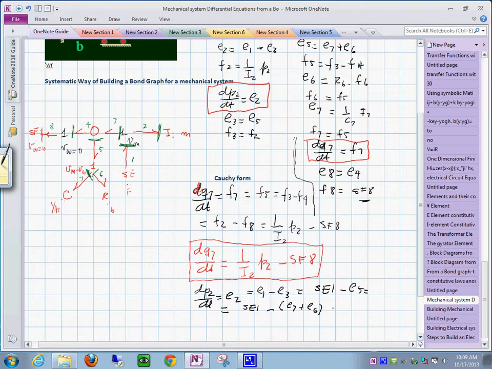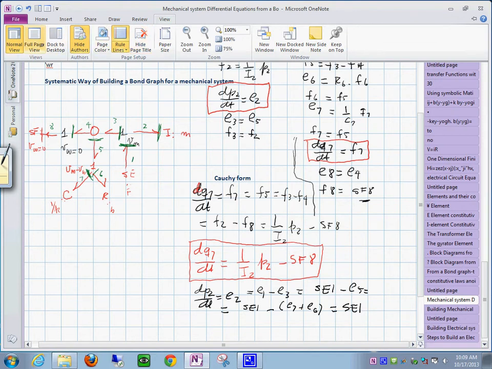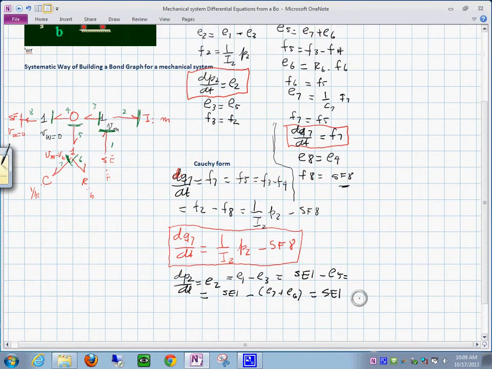Be careful with the algebra here. You need to keep the signs straight. So this is SE1. Just make ourselves a little bit more spacing here. There is SE1 in here.